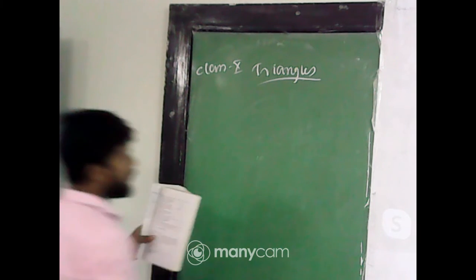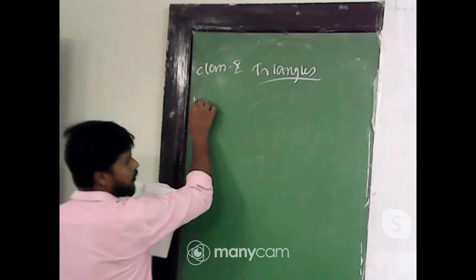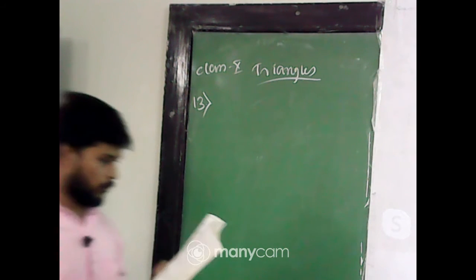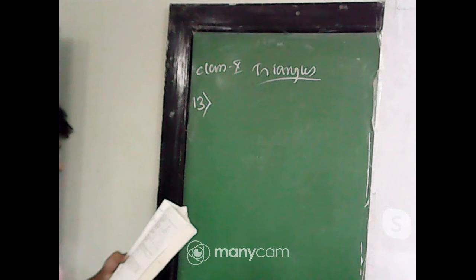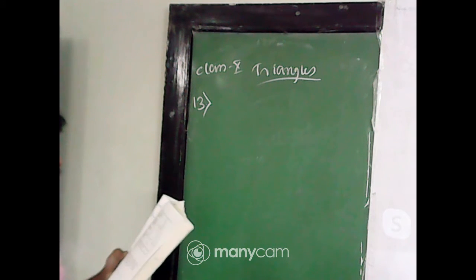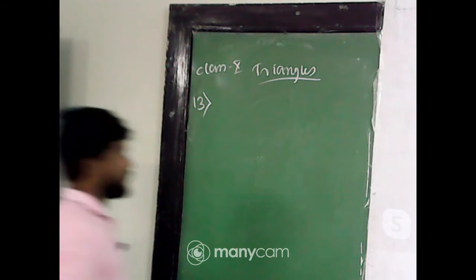Okay, today I am starting from question number 13. Look, question number 13 says that D is a point on the side BC of a triangle ABC.